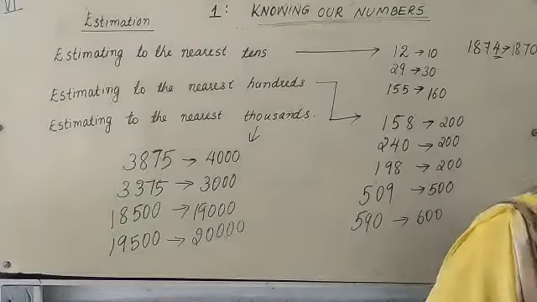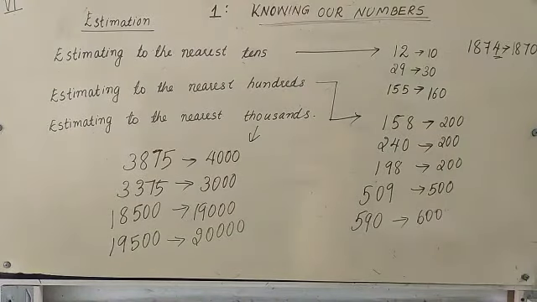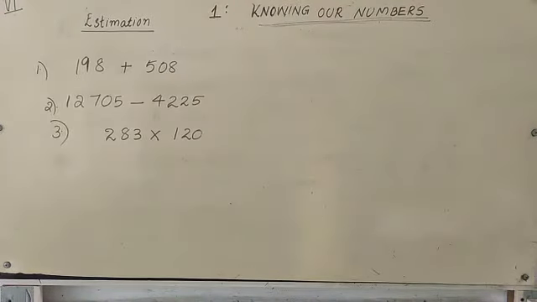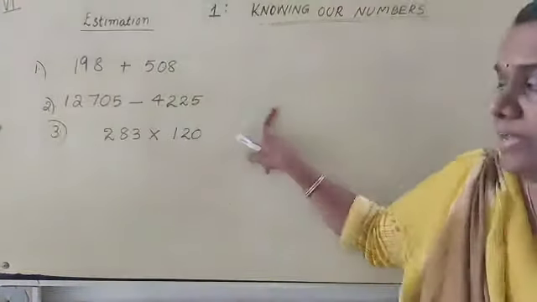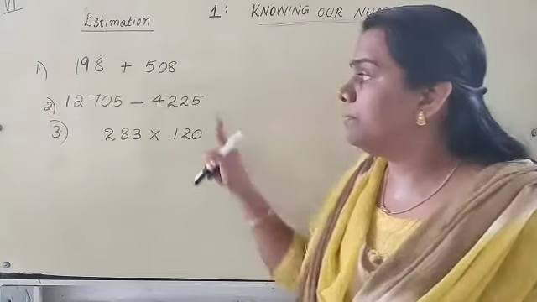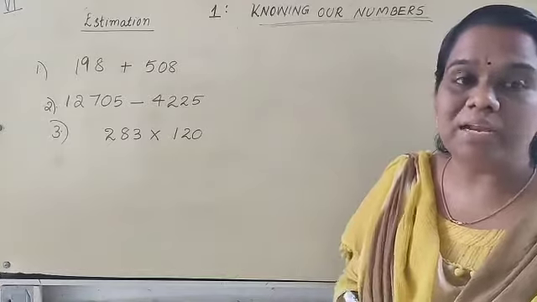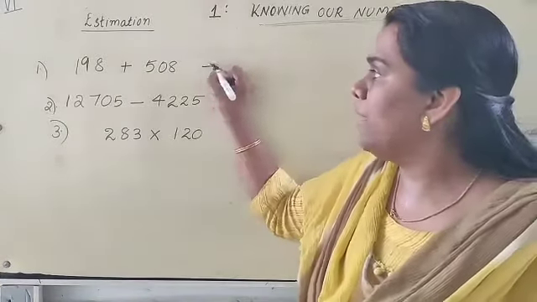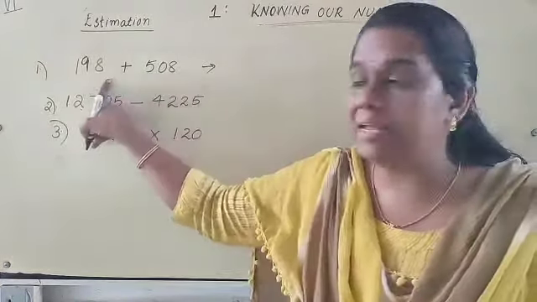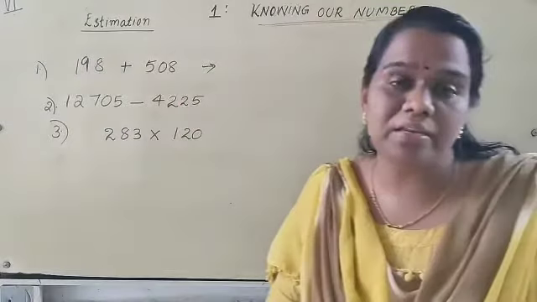Now let's find the sum and the product using estimation. So let us find the estimated sum, estimated difference and product. We should get only the rounded figure. So 198 and 508.